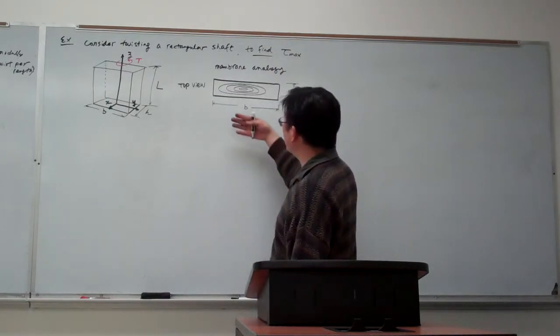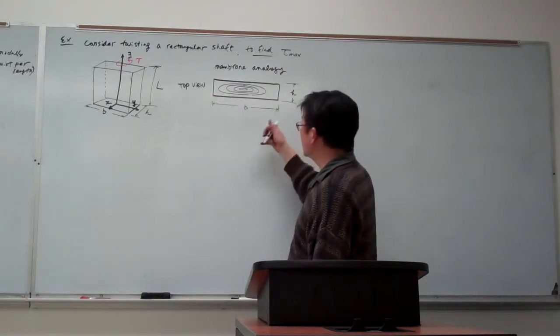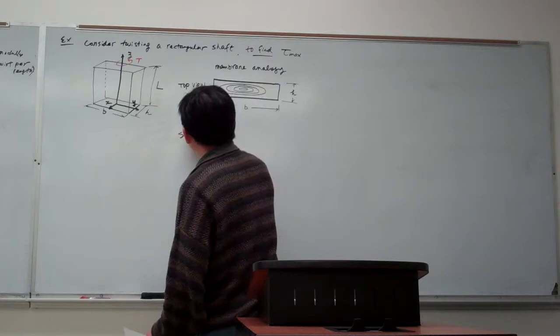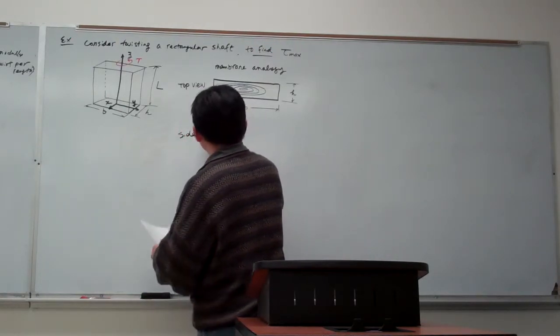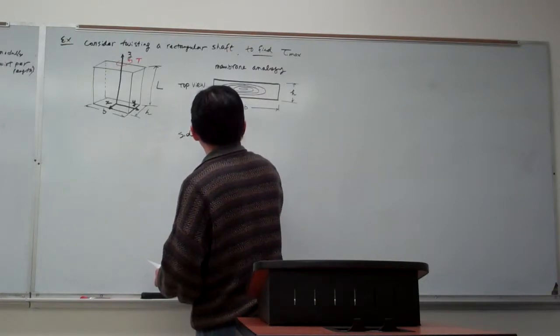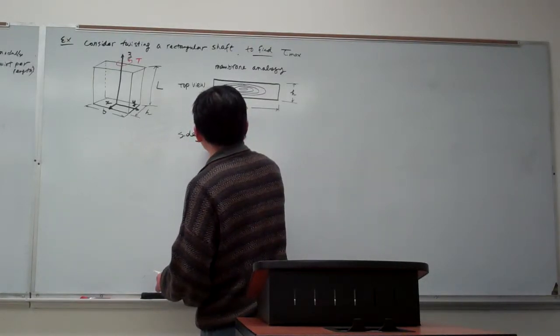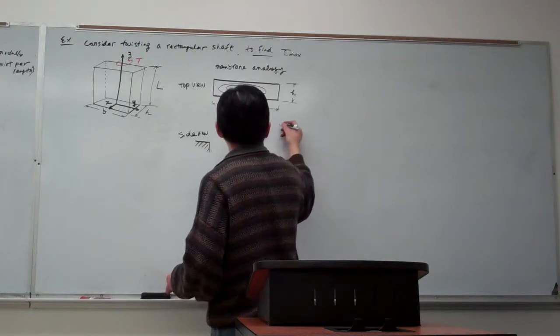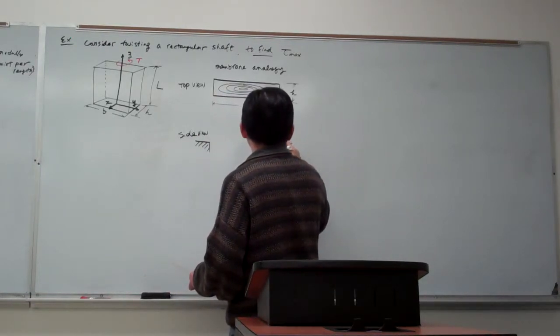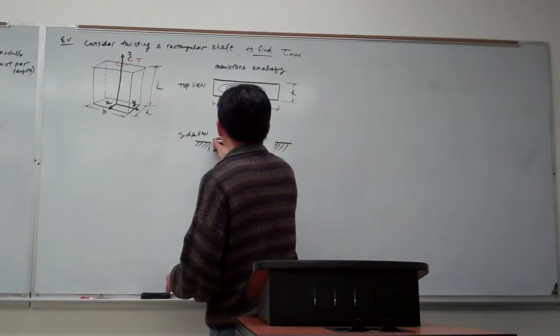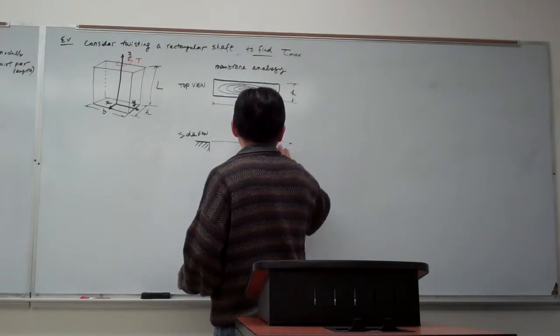Now I want to look at it from the side view. From the side view, it will be like this. This is the support of the membrane, this is the support of the membrane, and this is the reference line.